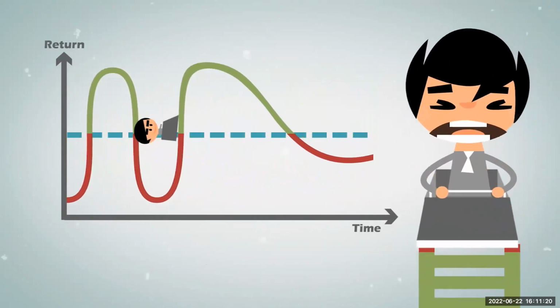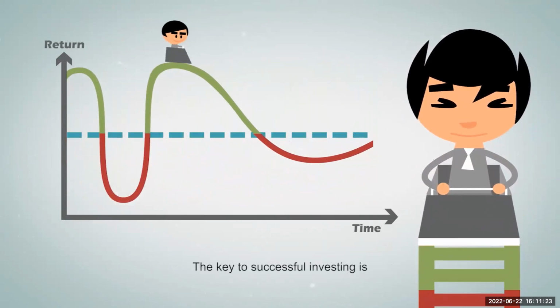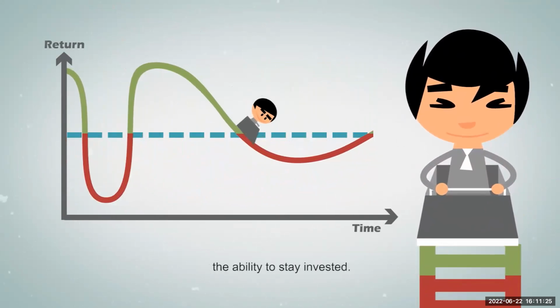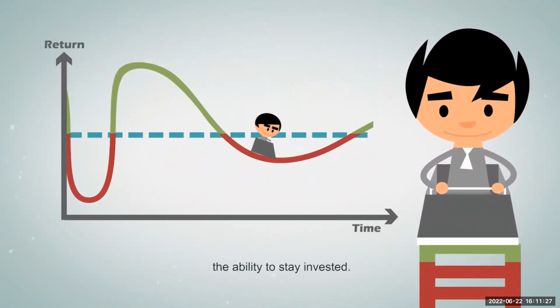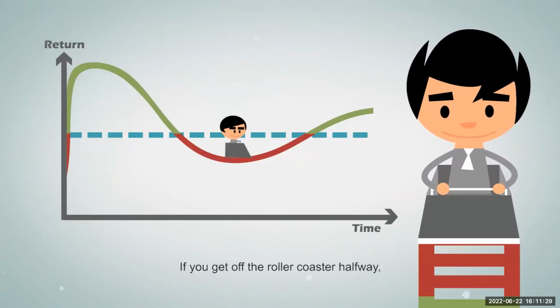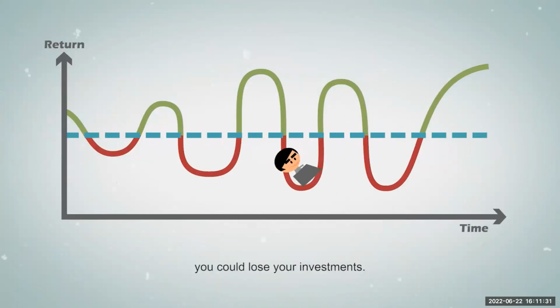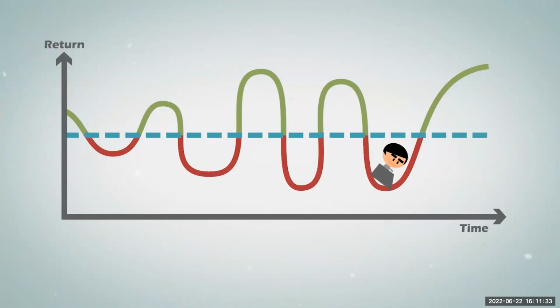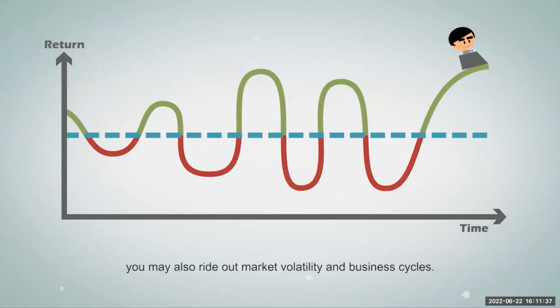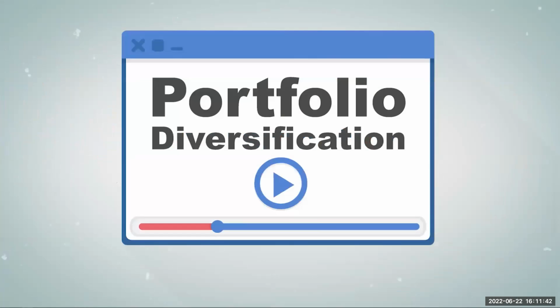The key to successful investing is the ability to stay invested. If you get off the roller coaster halfway, you could lose your investments. By staying invested, you may also ride out market volatility and business cycles. In the next video, find out more.